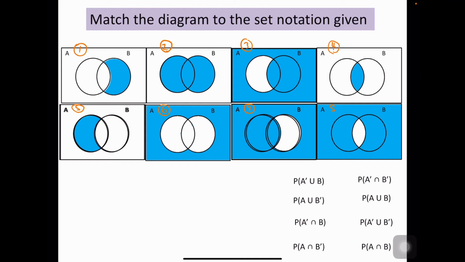But if you have drawn quite a few Venn diagrams already, then feel free to just number them and maybe write A, B, C, D, E, F, G, H. So please pause this video right now, have a go at matching these up. So we're going to go through the answers now.